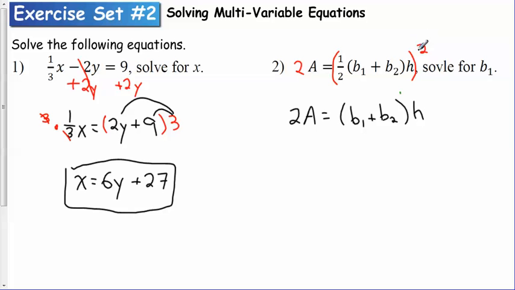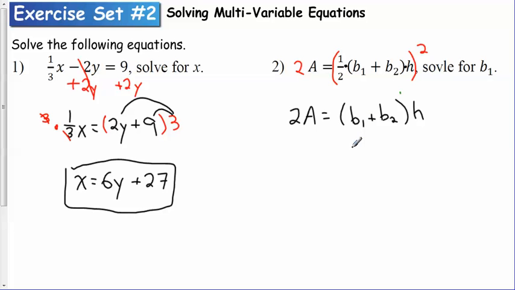You don't distribute it to all the terms. You distribute when your terms have the plus sign in between them. But if you take a look, each of these, the 1/2 is being multiplied by the parentheses. The parentheses is being multiplied by h. So the 2 only cancels out the 1/2.